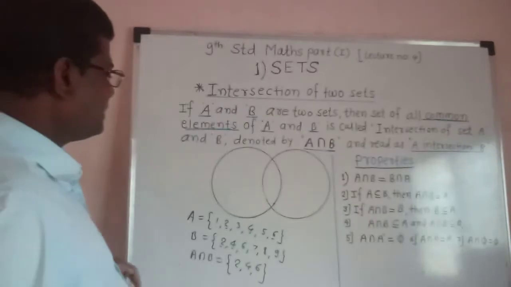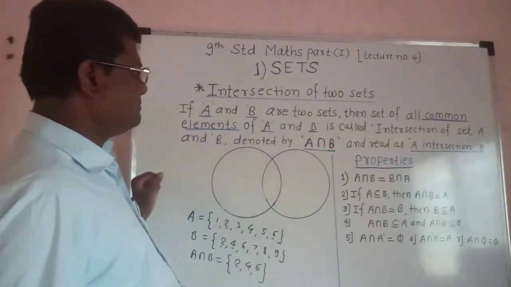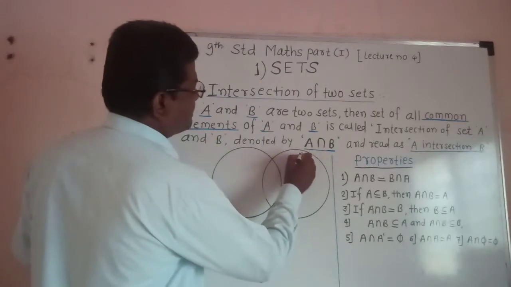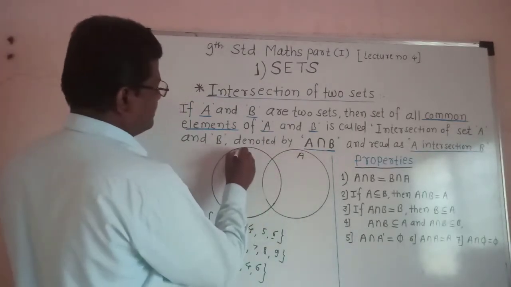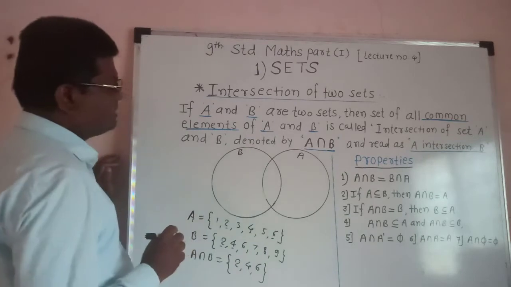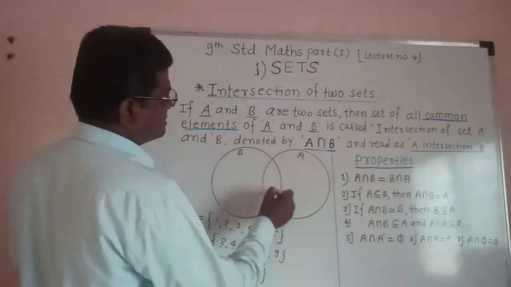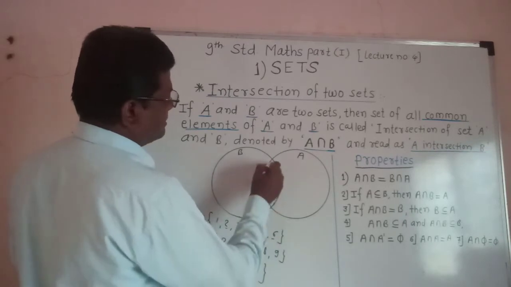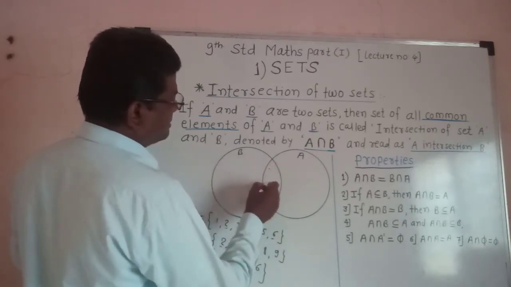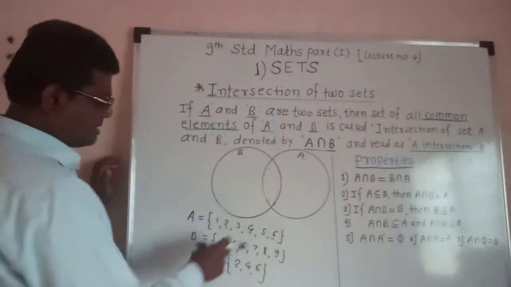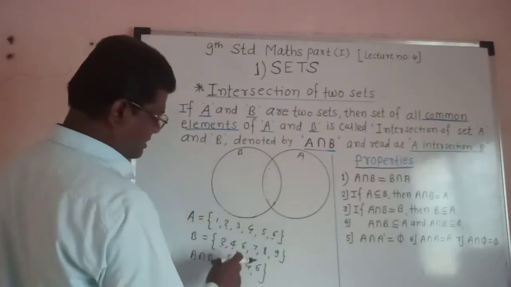And now we can write in a Venn diagram. Suppose the first circle is denoted by set A and second circle is denoted by set B, and this intersection of two sets is the common part, that is A intersection B is a part, and here we write the common elements in a set.